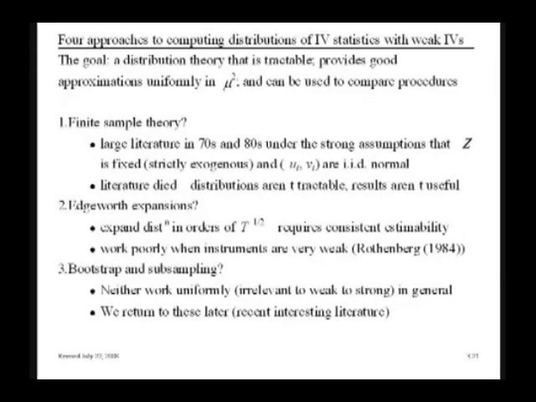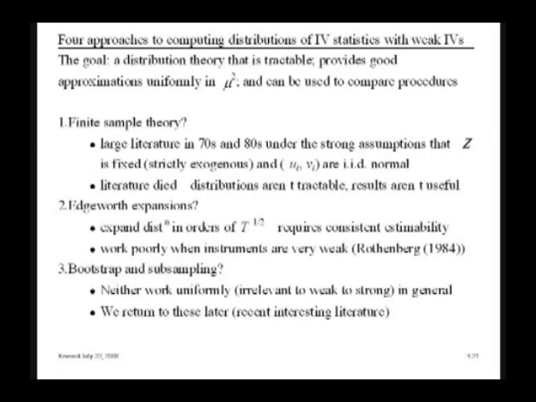Okay, so let me talk a little bit about how to get a handle on this. What's the big picture? The big picture is we've identified what the problem is. The problem is instruments being weak. We actually haven't come up with, at this point, any tools at all to deal with that. So what's the logical progression?